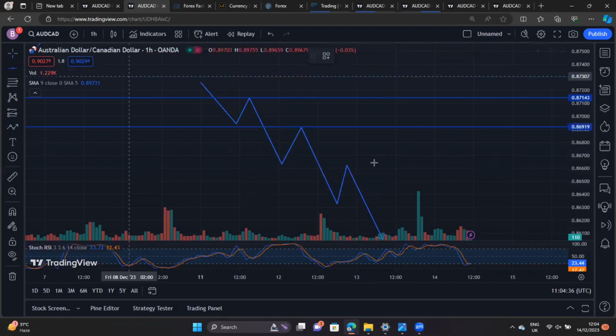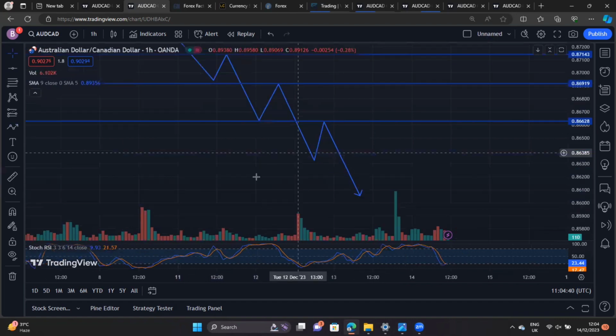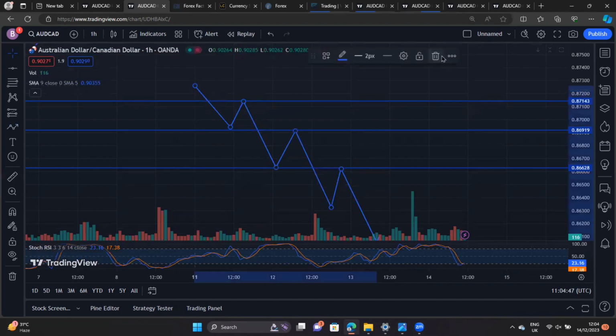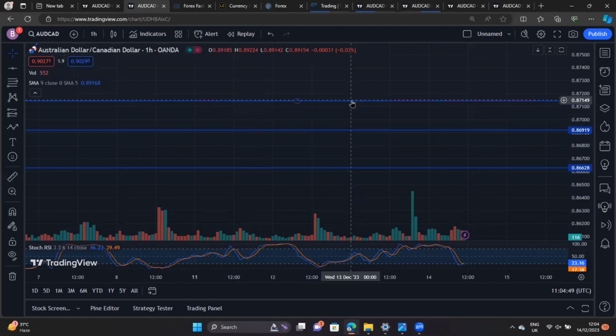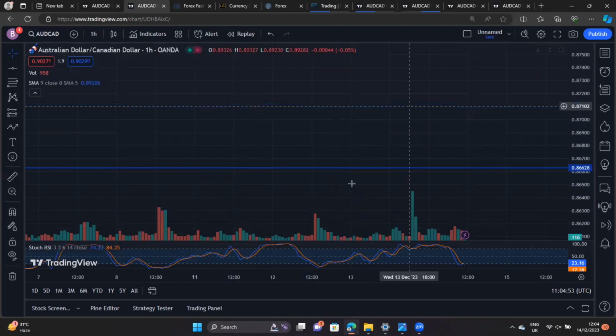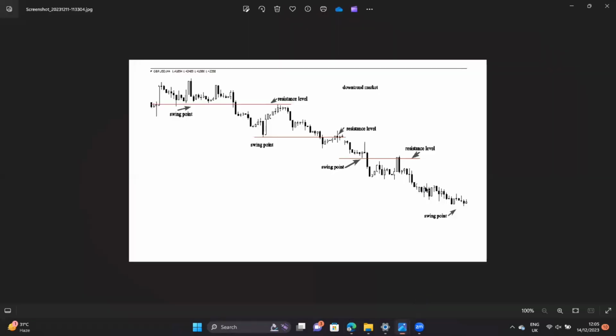The lower highs become our swing points for a downtrend, while the higher lows become our swing points for an uptrend. I believe that is getting absorbed.